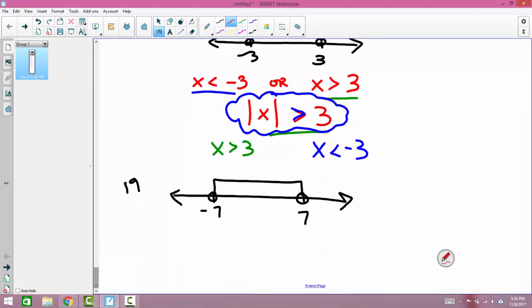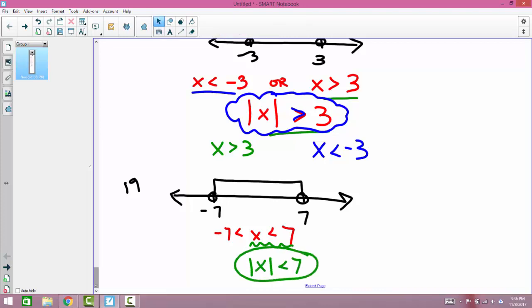Okay, so this is an and, so you can write that compound inequality. And then you're just sort of looking at this part because the other part stems from the opposite, and it's the absolute value of x is less than 7. That's your answer.